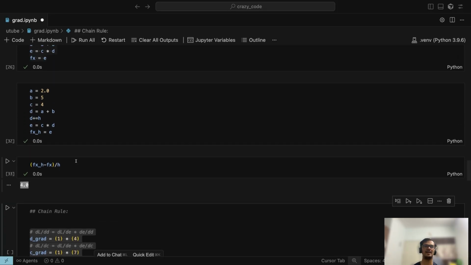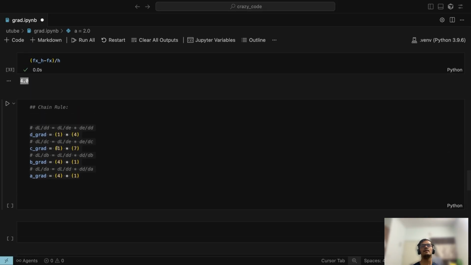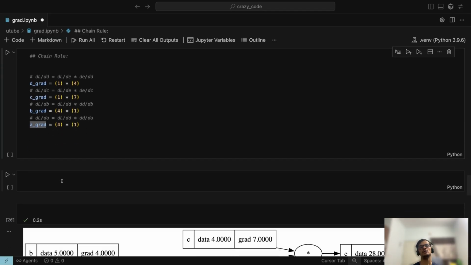When I say forward pass, it's nothing but just computing the final E, right, just going through this. So here it's going to be one shot because D grad, C grad and B grad are just going to sum up the effect, attribute the effect, right, backwards to the first variables.